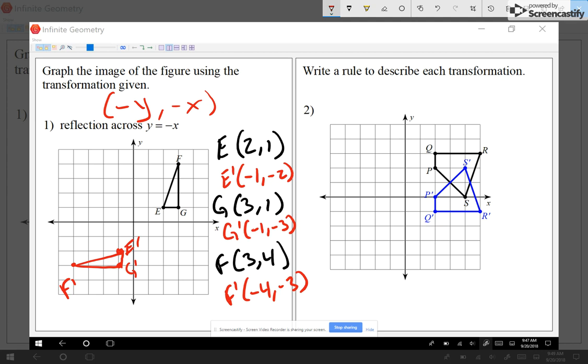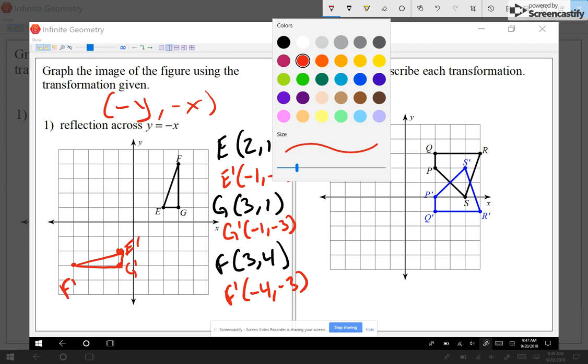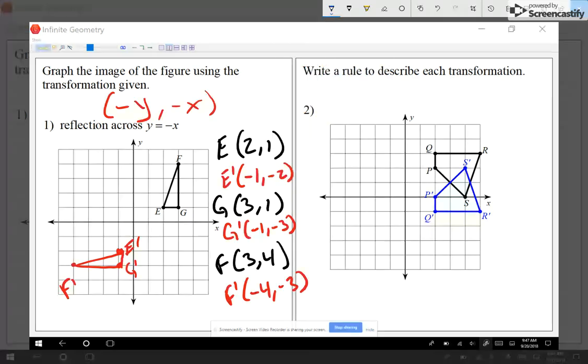Another way of doing this is count spaces, because that's one thing we can do with reflection. The line y equals negative x is this line. So I'm going to count spaces. My line is diagonal, so E is 1.5 diagonal spaces, so it should be 1.5 on the other side.